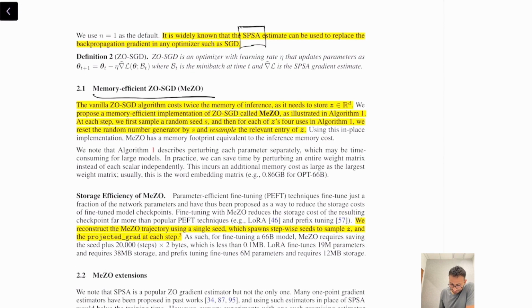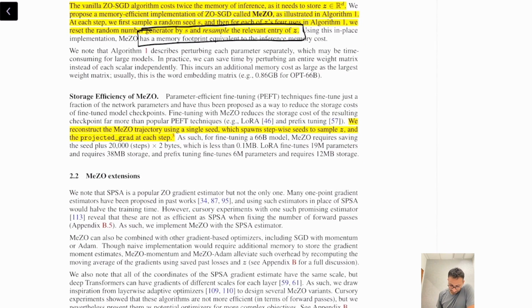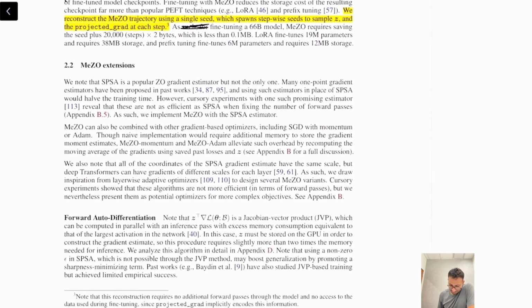Talking about memory efficient, they mention here to reset the generator by S and resample the relevant entry of Z. So once you have a single seed value, you can always resample the generated Z every time in the process. We reconstruct the MeZO trajectory using a single seed value instead of storing all the parameters. So that's why it's memory efficient.